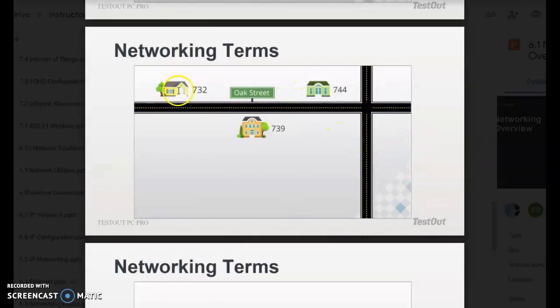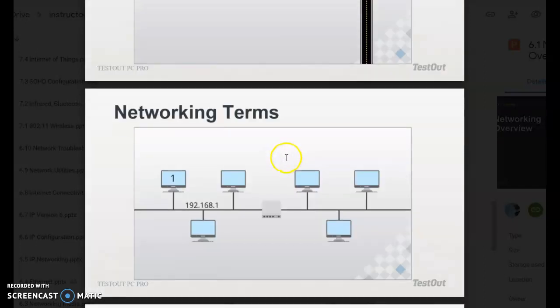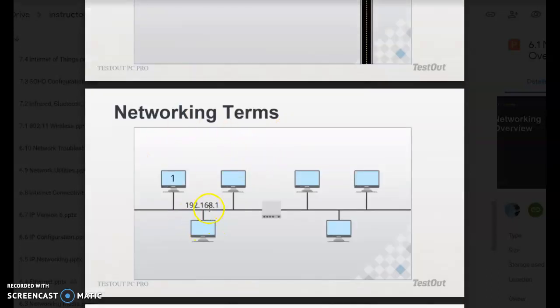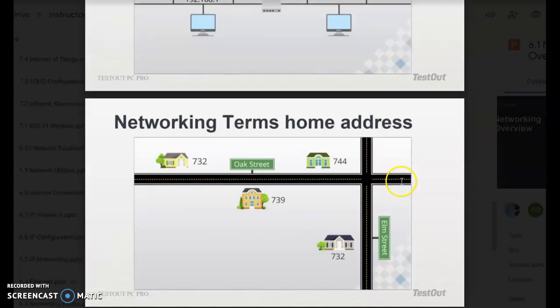Again, as we all have home addresses, there's a street that we go through to get to our homes. These streets are the network medium, like the cables that connect to us, and the address is where you are actually located. In this term, as you have a home address, every computer has an IP address. An IP address enables you to be found on the internet.